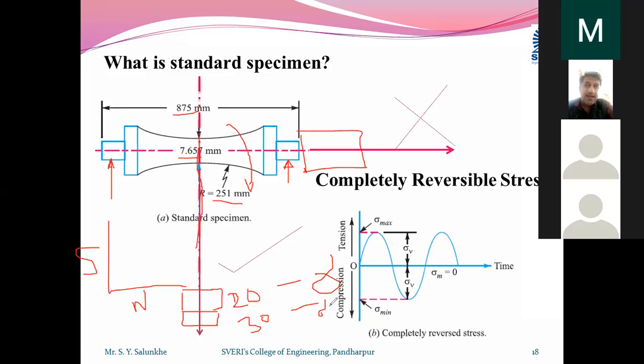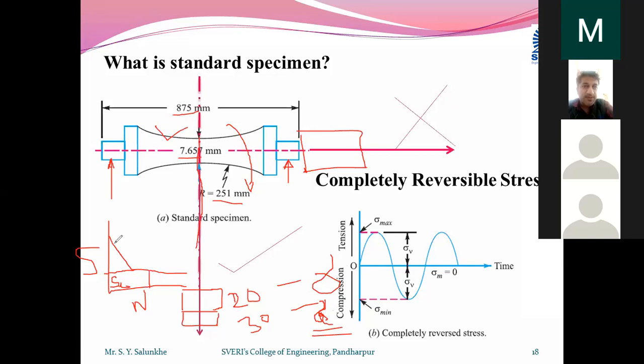Then at the value where the failure is going to occur, just before that, the stress which you have measured on the S-N curve, you are going to call its endurance limit. Below this, if you apply the stress, this component will sustain an infinite number of cycles.